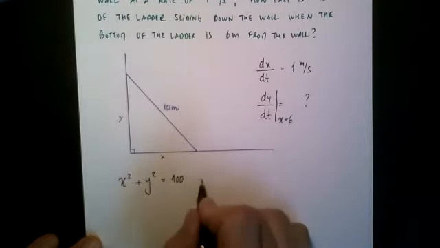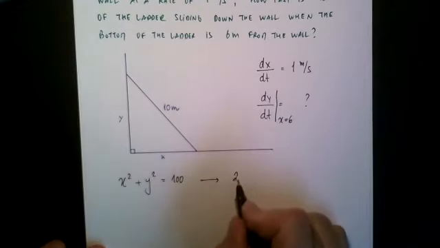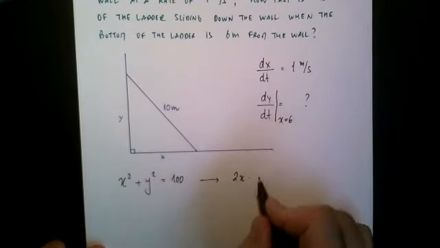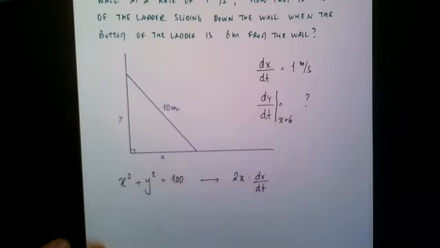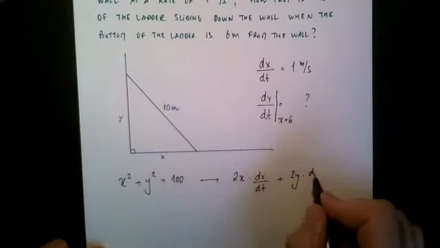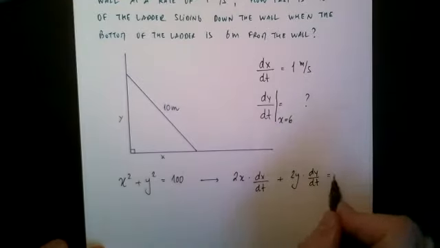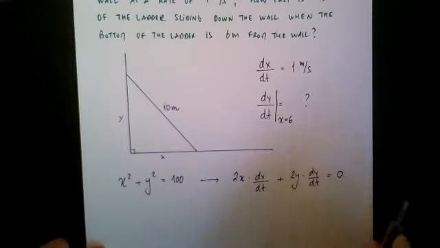So let's derive. The derivative of x² is 2x times, chain rule, dx/dt, plus the derivative of y², which is 2y times dy/dt, and is equal to the derivative of 100, which is, of course, 0.